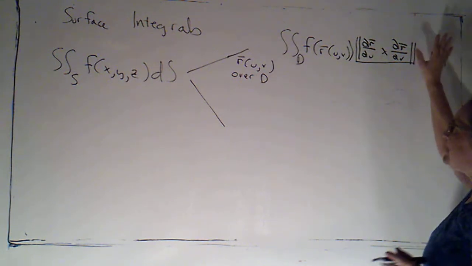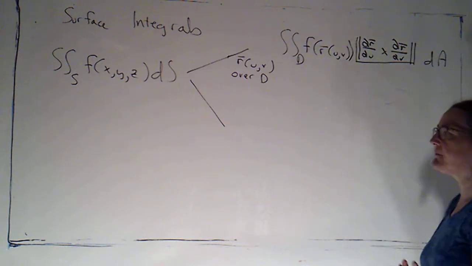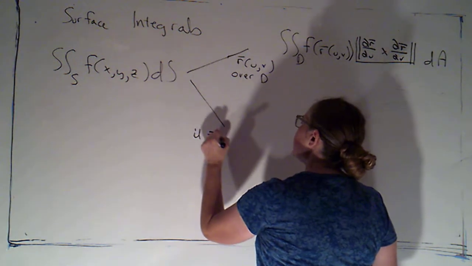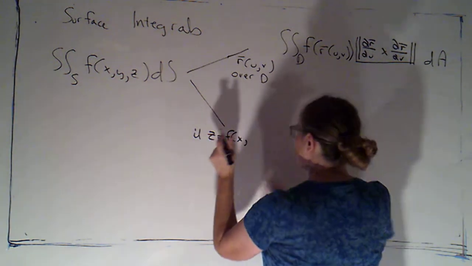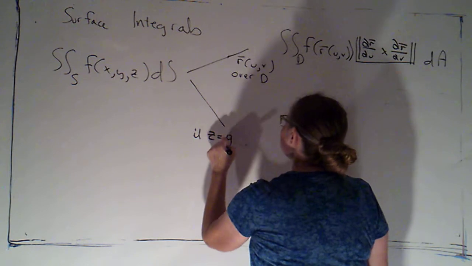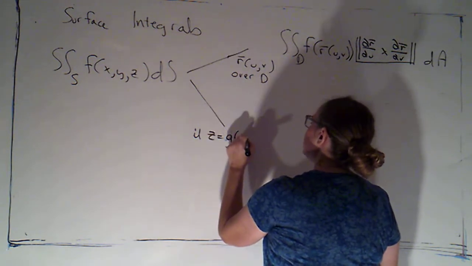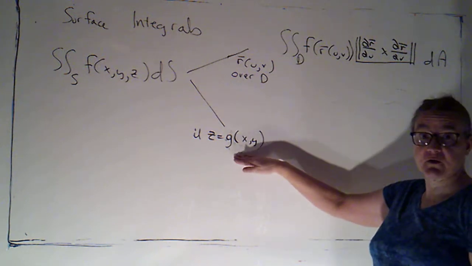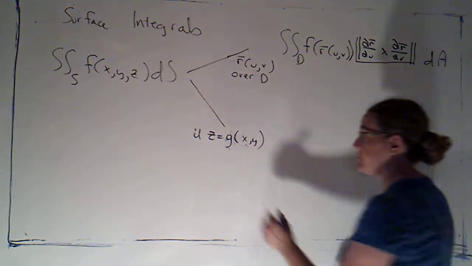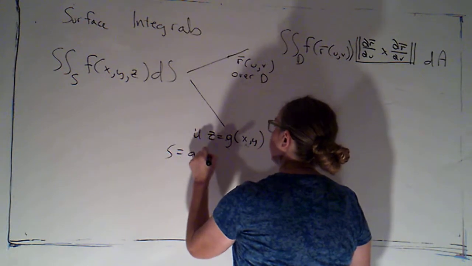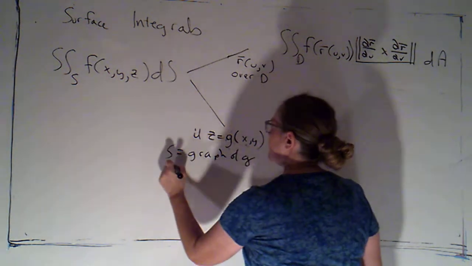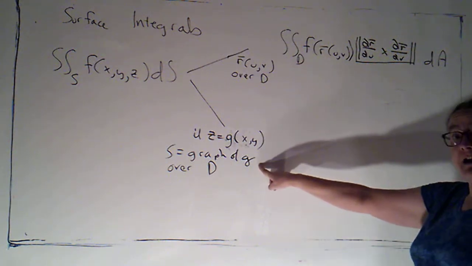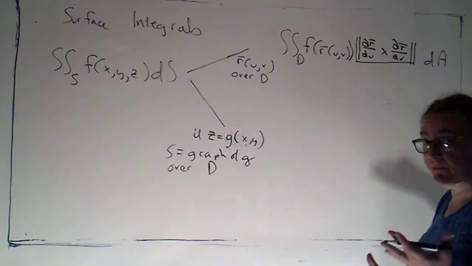That's actually all I need to know, because I can always parameterize my surface. But if I had that z was a function, oops, let's not use f, let's say z was a function g of x, y, and my surface was the graph of this function, S equals the graph of g over some domain D, I can actually come up with a parameterization.